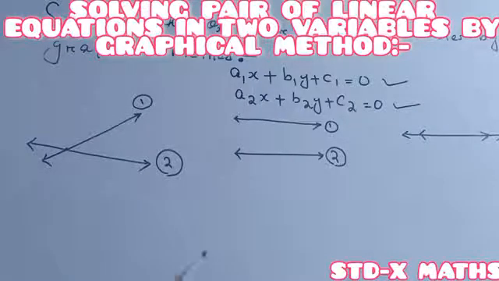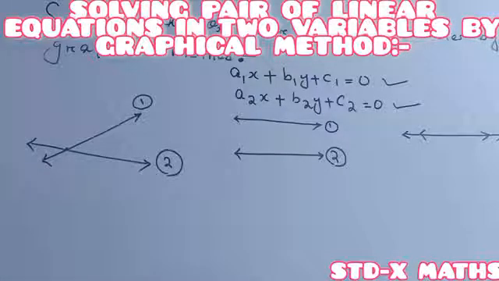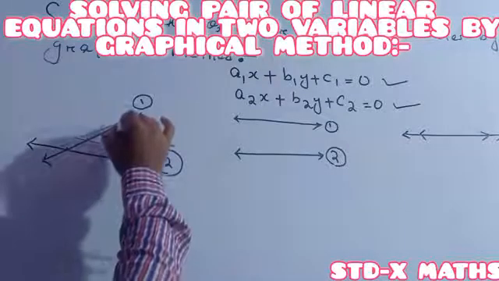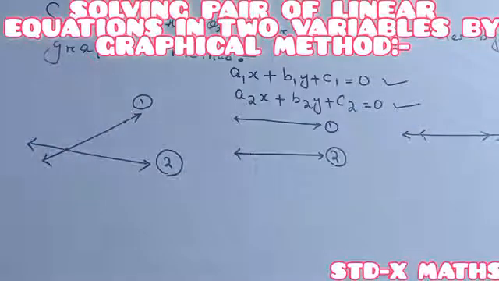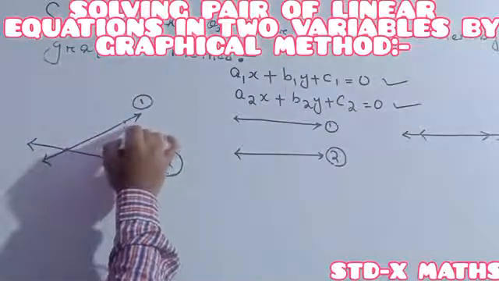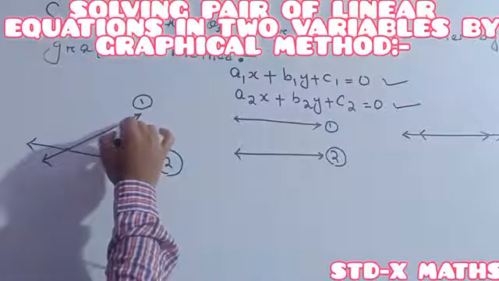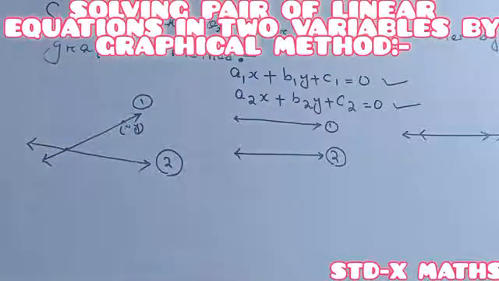Suppose one is interested in finding the solution by using the graphical representation. Previously it was said to you all, suppose this is a point lying on this line. It means 100% for this point, for which value of x and which value of y, if we put the values of x and y in the equation, that equation satisfies.